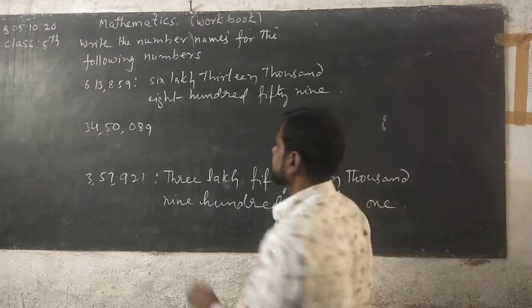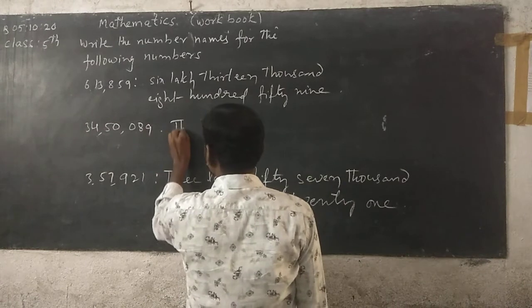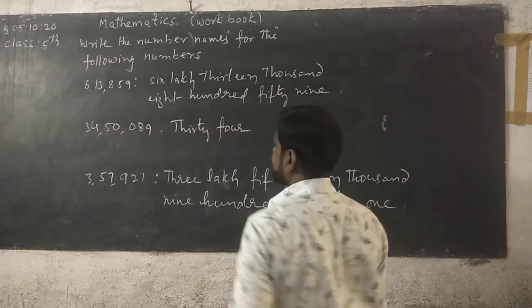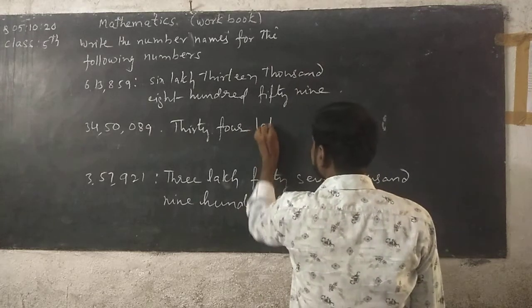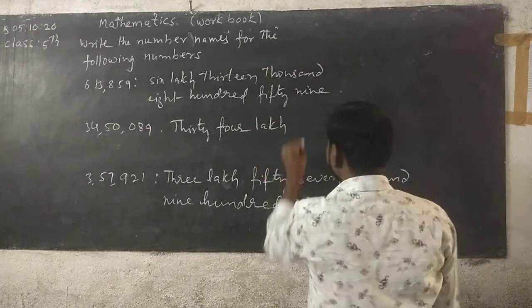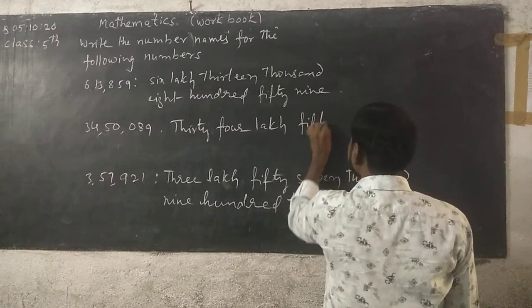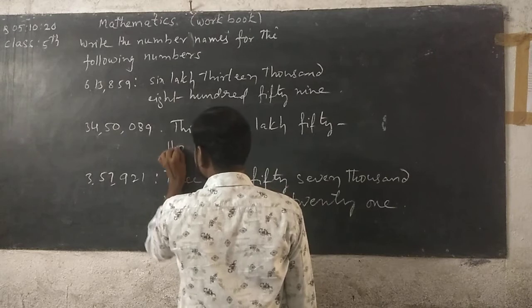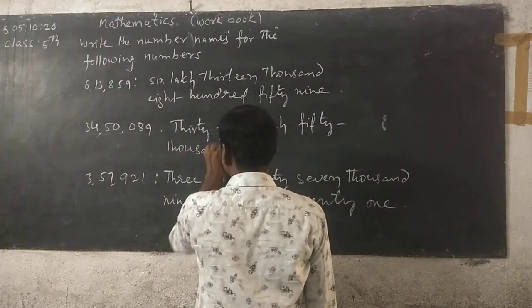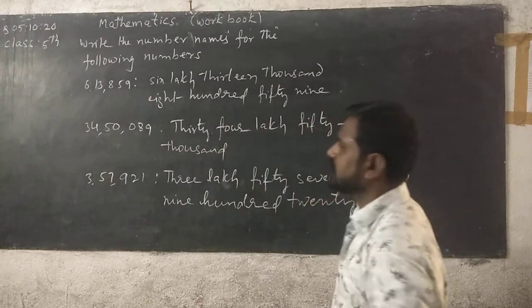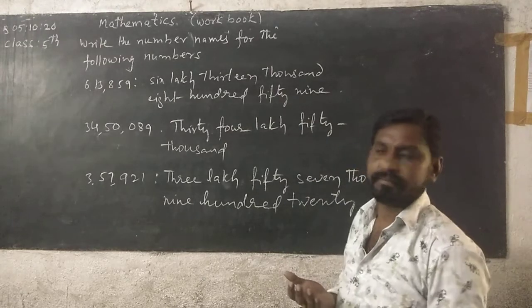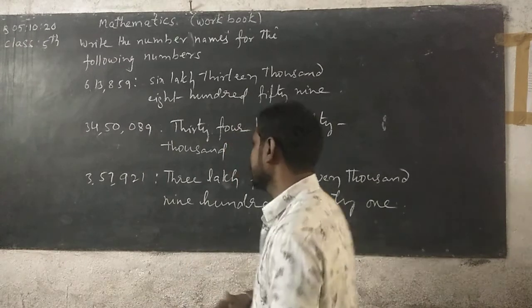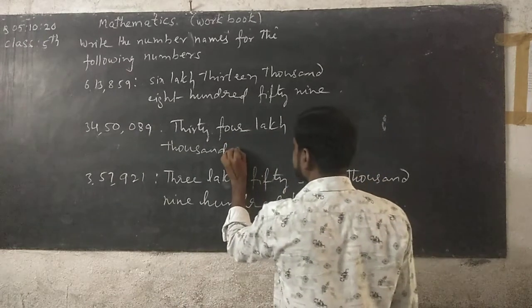See here, 34 lakh 50,000 50,089, because 0 is in hundreds place now. Don't write 0 hundreds. So 89.